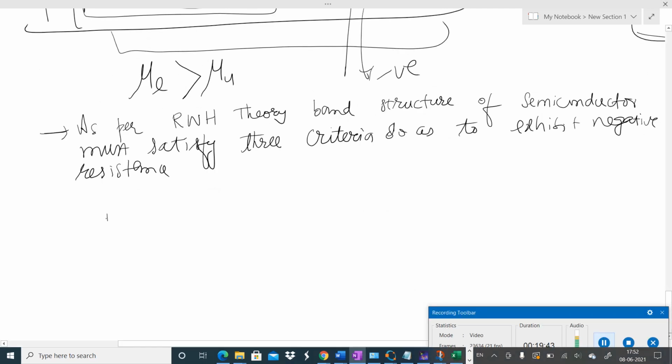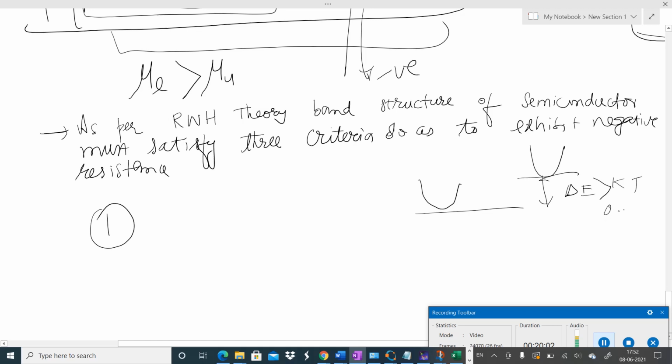The first condition is that the energy difference between the lower valley and the upper valley, so if I call this delta E, it must be several times greater than the thermal energy, that is kT, where k is the Boltzmann constant.